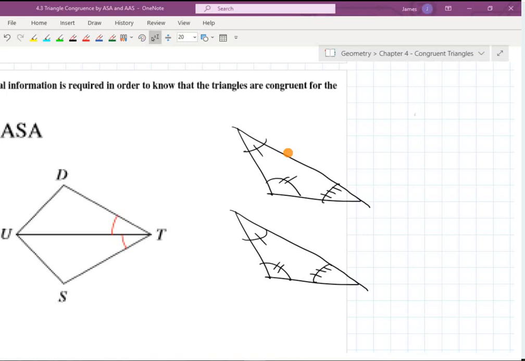Congruency is when the scale factor is 1. I multiply a number by 1, what do I get? I get itself, the number I started with, right? So angle, angle, angle does not guarantee congruency. They could be congruent, but the bare minimum we know is that they're similar.